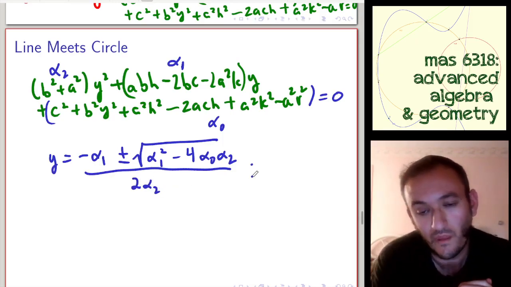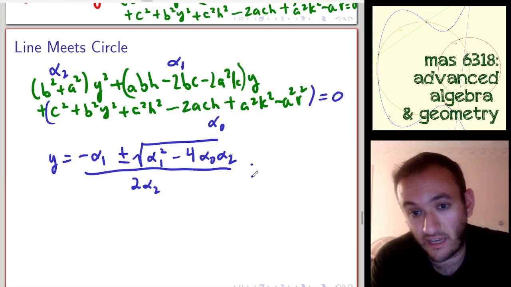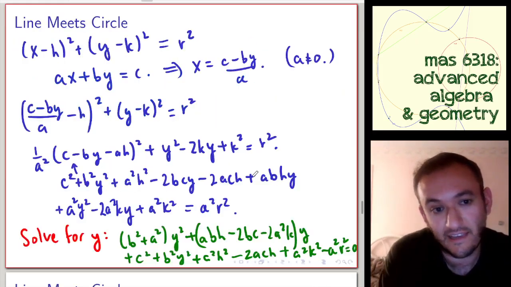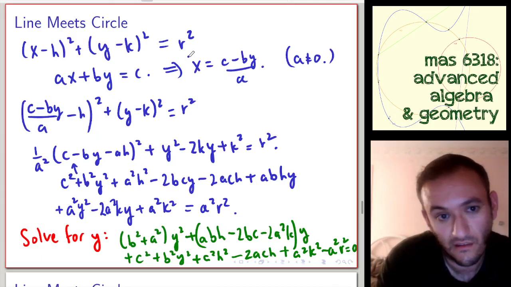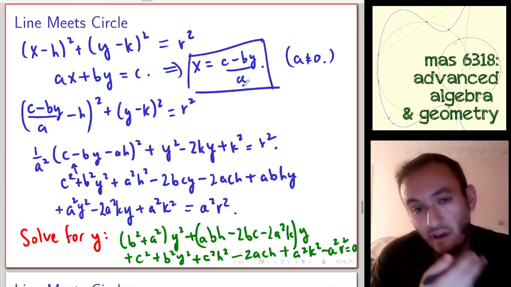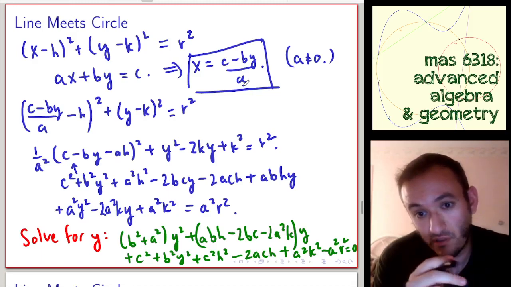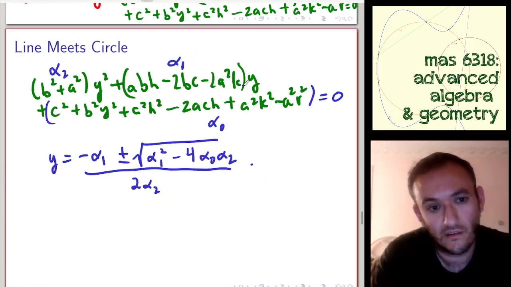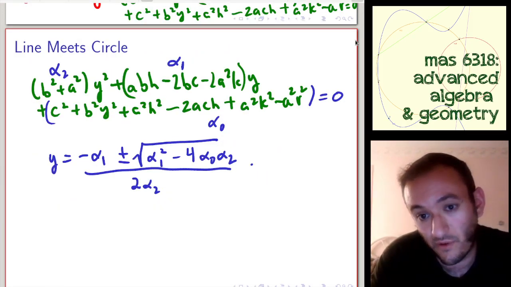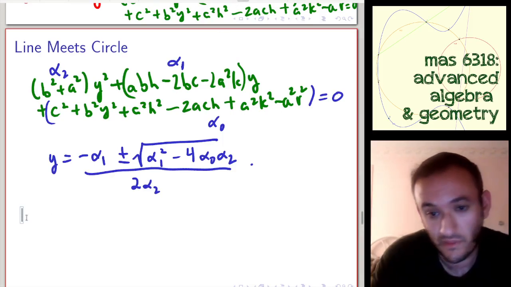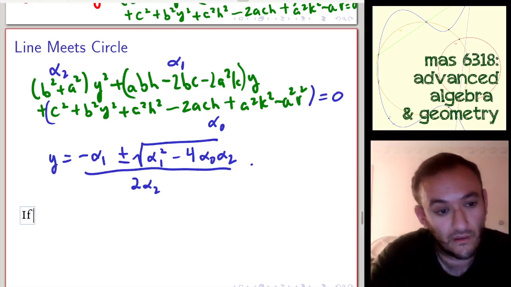Okay? And this will give us our solutions for y, and then we know that x is unique in terms of y. So as soon as you choose the solution of y that you want, x is already fixed. So now we kind of understand why there are 2 points possible for intersection of the circle and the line.